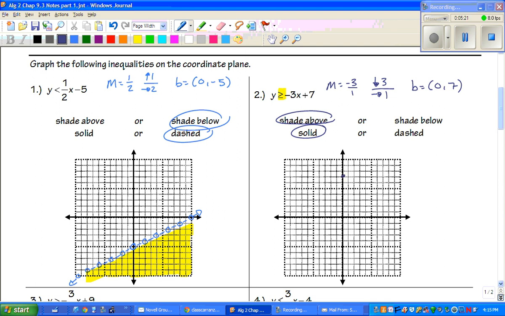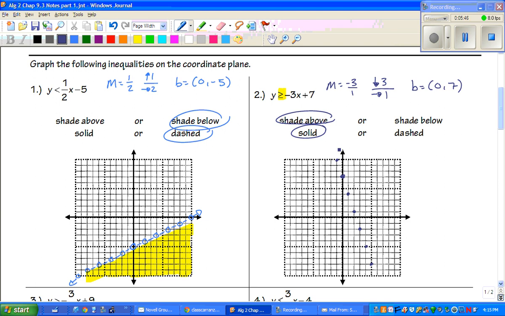So you start at positive 7. I'm going to go down 3, right 1. Down 3, right 1, and complete that pattern all the way down, and make sure you go in both directions.